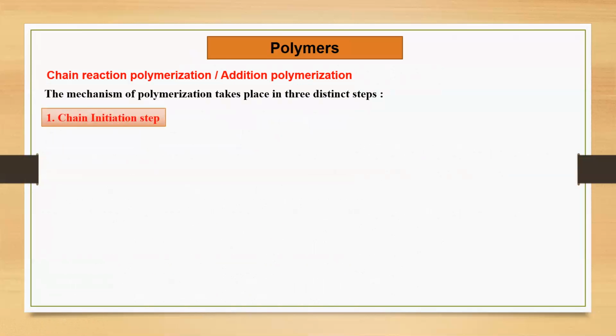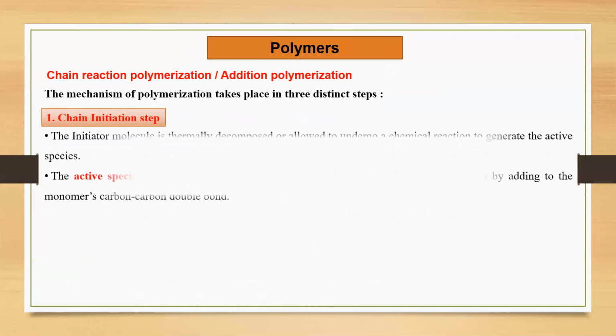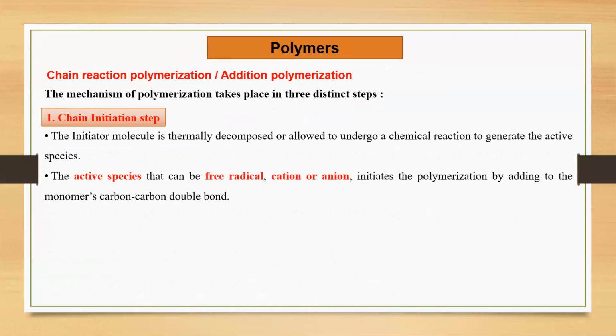Next, the mechanism of polymerization takes place in three distinct steps. One is the chain initiation step, the other is the chain propagation step, and the third is the chain termination step. We'll look into these steps one by one. For the chain initiation step, that is for the mechanism of chain reaction polymerization, we need active species.